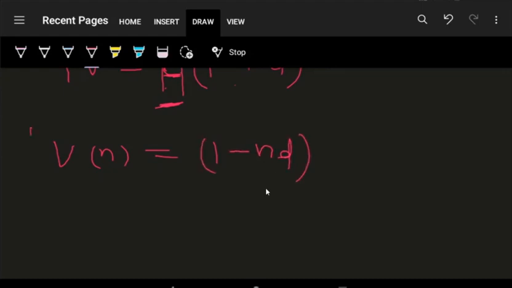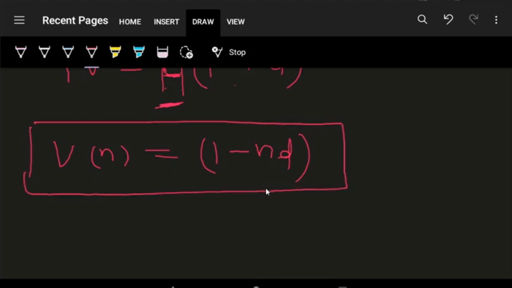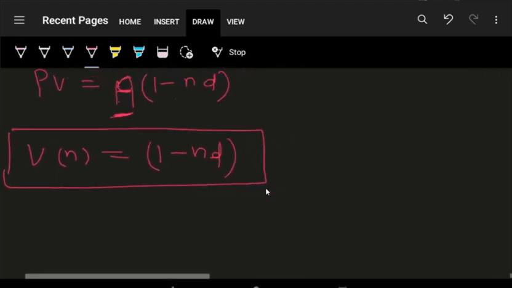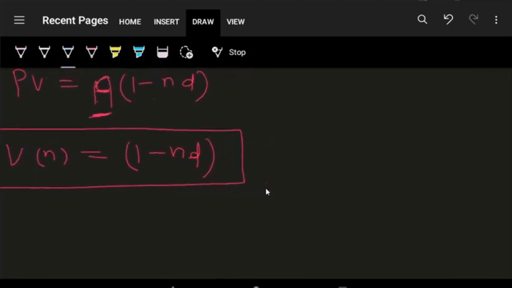This is my simple discounting factor for type 2 interest rate. See, in the simple interest setting, we had a discounting factor like 1 upon 1 plus nd, but here it is like this.